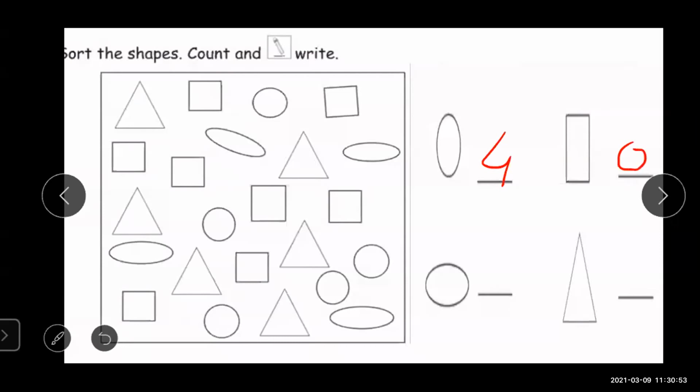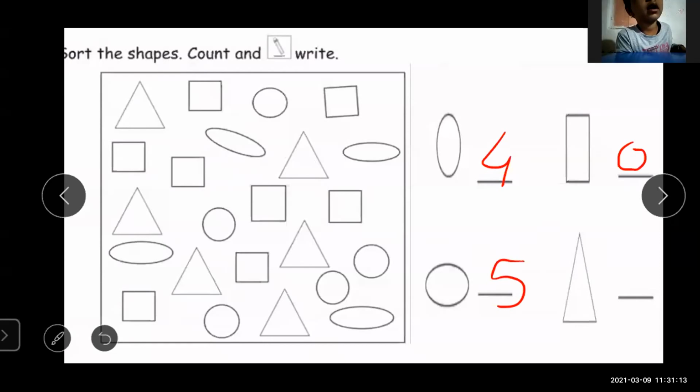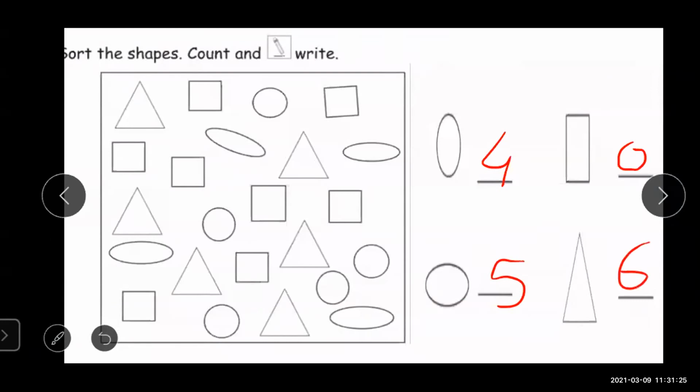It's asking about rectangles, not squares. Next, how many circles are there? 5 circles. Very good. Okay, how many triangles are there? 1, 2, 3, 4, 5 and 6 triangles are there.